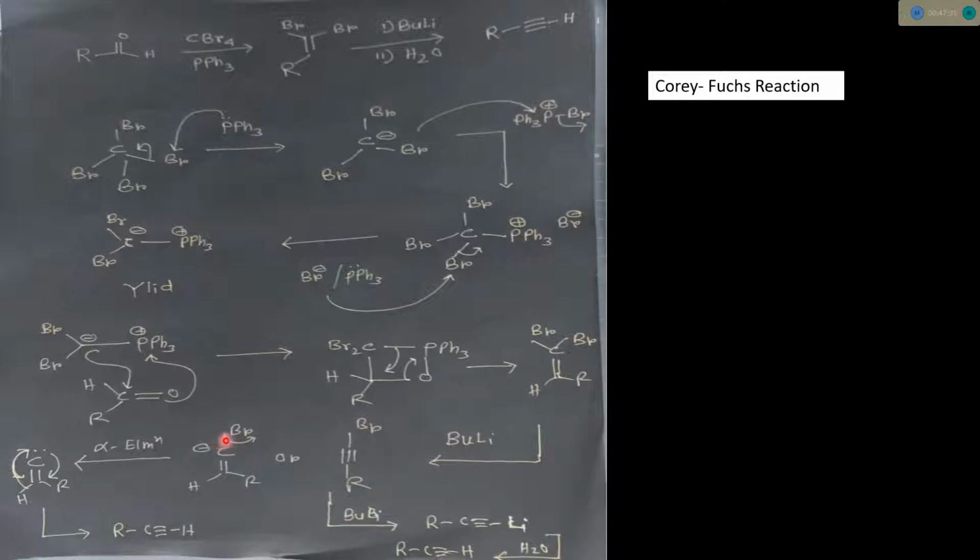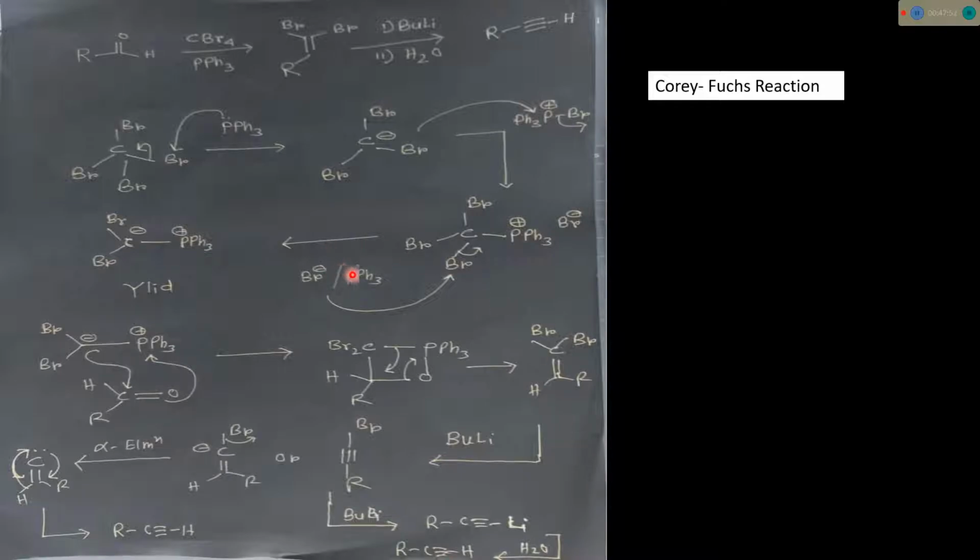In that case alpha elimination will occur to form a carbene, and then hydrogen transfer will occur to form the alkyne. Some people prefer this mechanism, some prefer the other. So this is the Corey-Fuchs reaction.